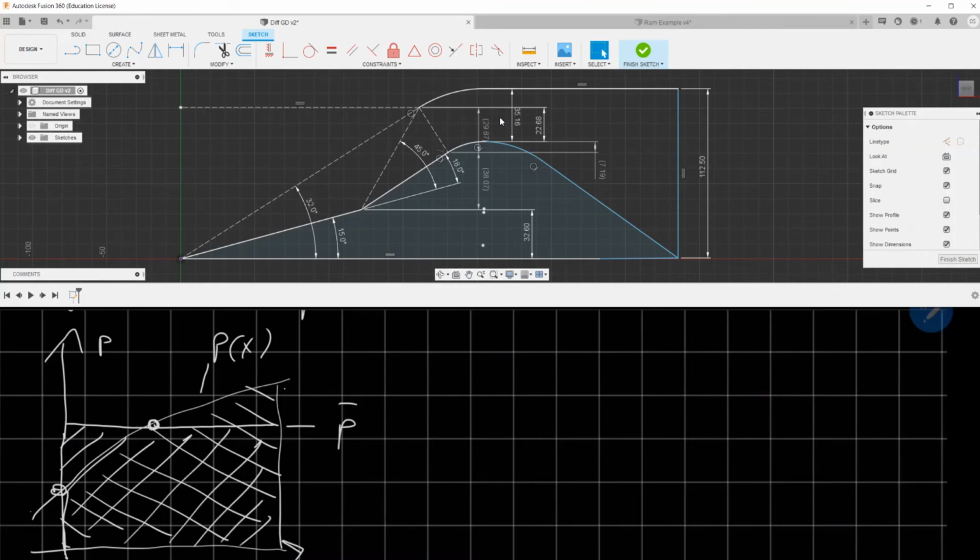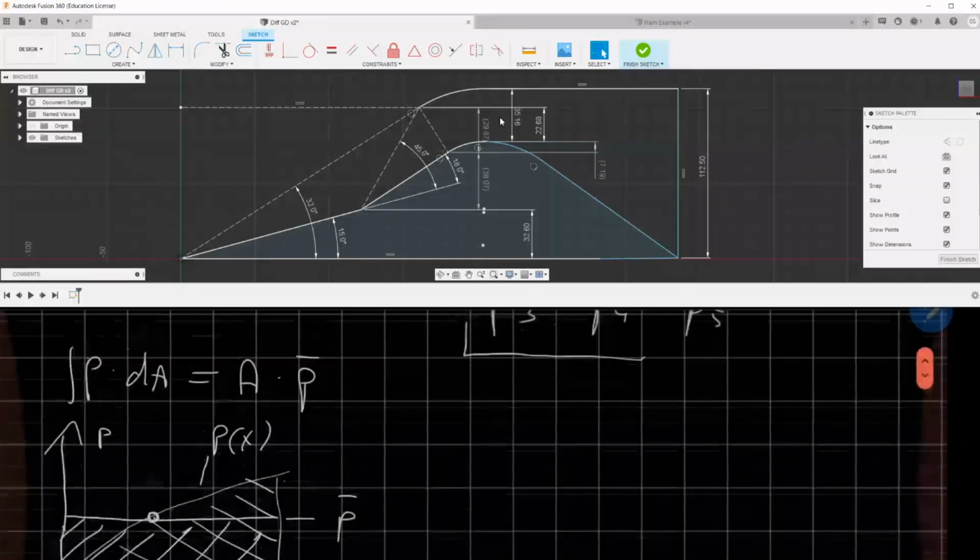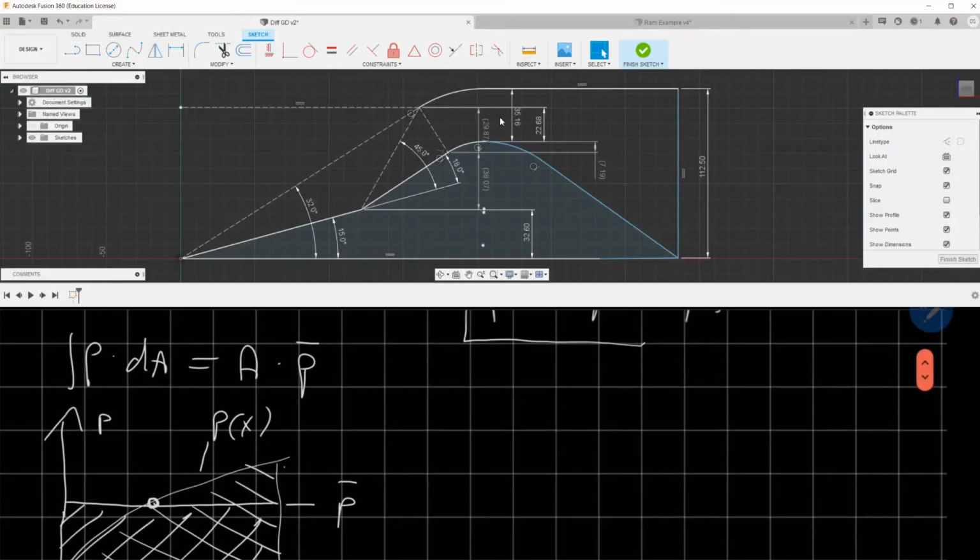So this P multiplied by the area will give us the same area as we would have inside the integral. I hope you remember this theorem of the average. If not, please take a look in a mathematical book and it will be more clear.